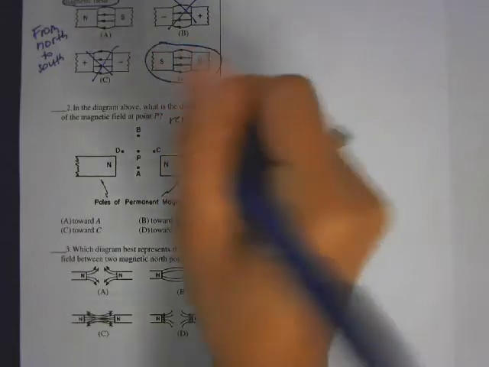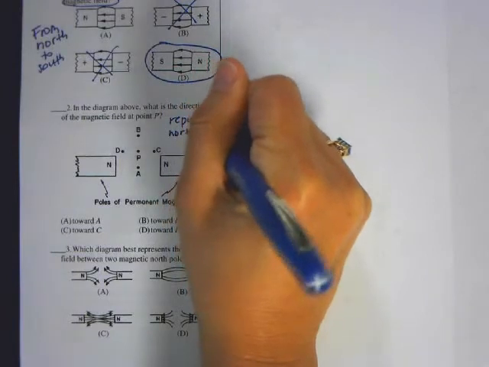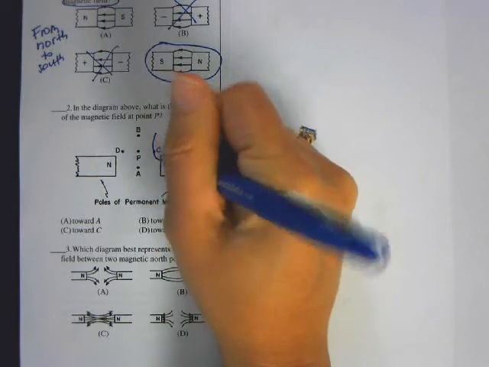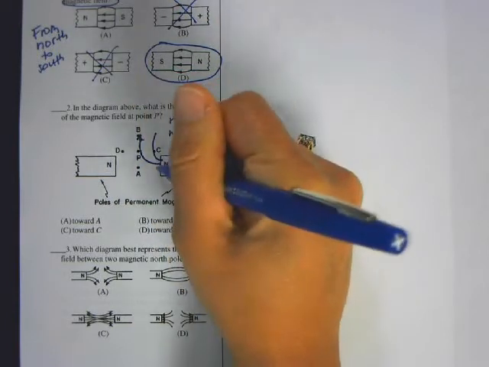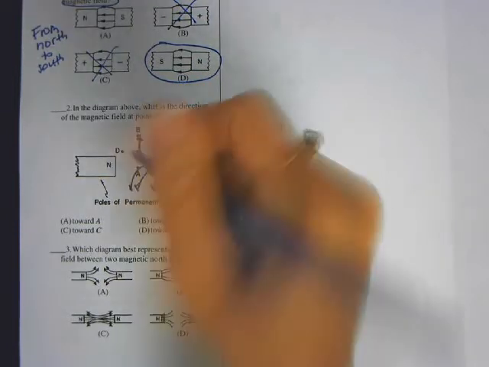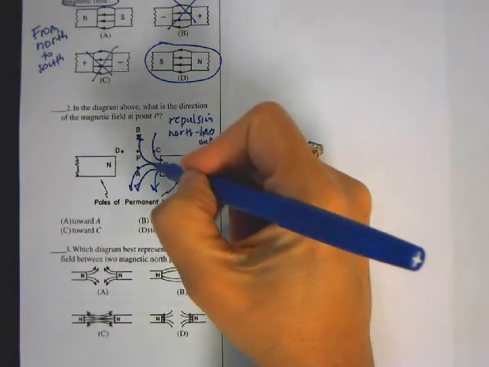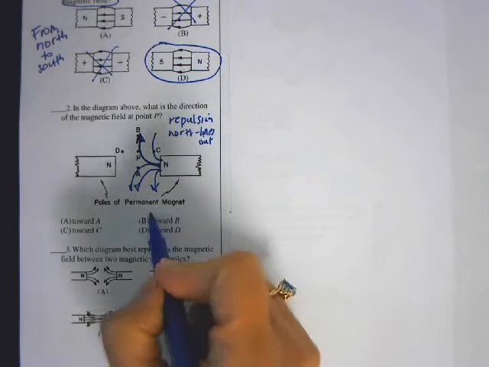The next thing we know is that from north, the lines go out. So the lines are going to be going like this. When it asks for the direction of the magnetic field at point P, because the lines are going like this, they're going to be towards P.